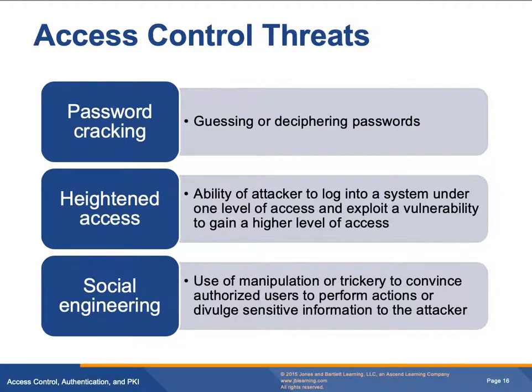Second one is heightened access, the ability of the attacker to log onto a system under one level of access and exploit a vulnerability to gain a higher level of access. So that's a lot of the phishing attacks. When somebody clicks on a link, it will launch malware, and the intended target is not just that one particular person's machine.